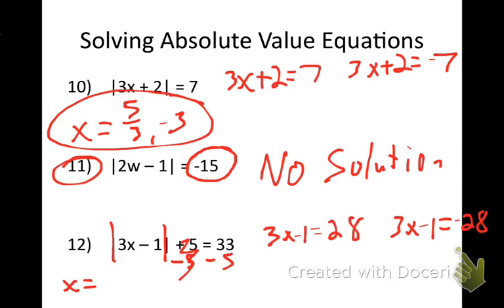So you get 3x minus 1 equals 28, right? Oh, wait, never mind. Okay. Because I think you should get 29 over 3, right? I wrote 39 instead of 29. Ah, 29 over 3. And then you get negative 9. Is that what you said for the second one? Yeah. Yep. 29 over 3 and negative 9. Those are the answers. Very good. You put 39 instead of 29. Actually, that's where you get 13.